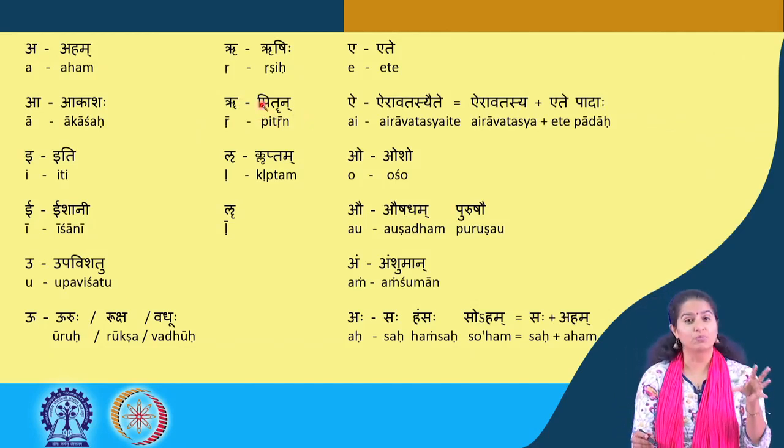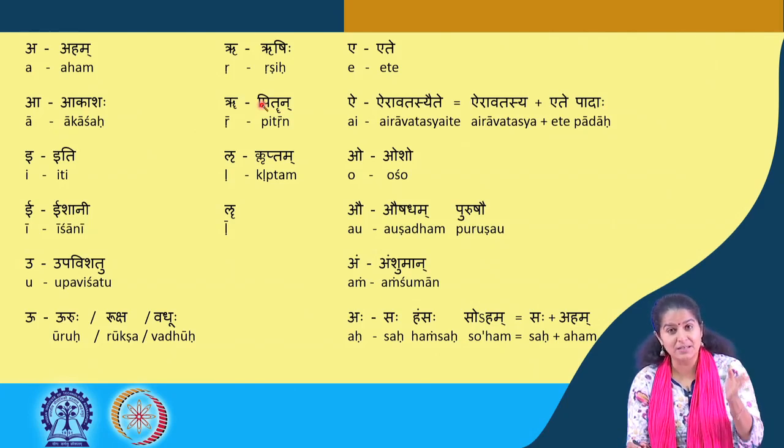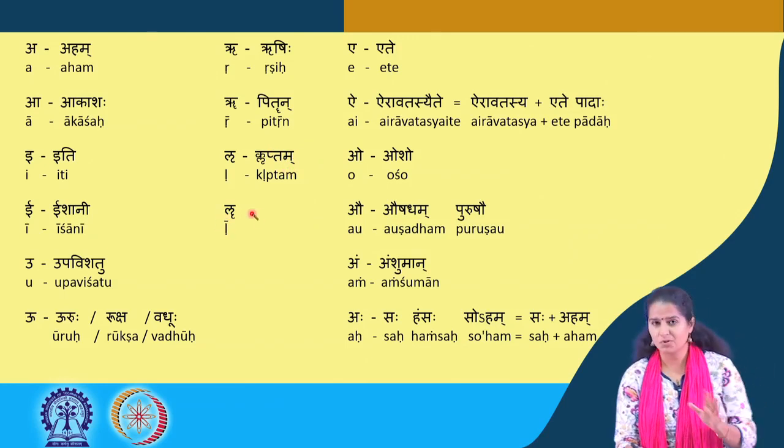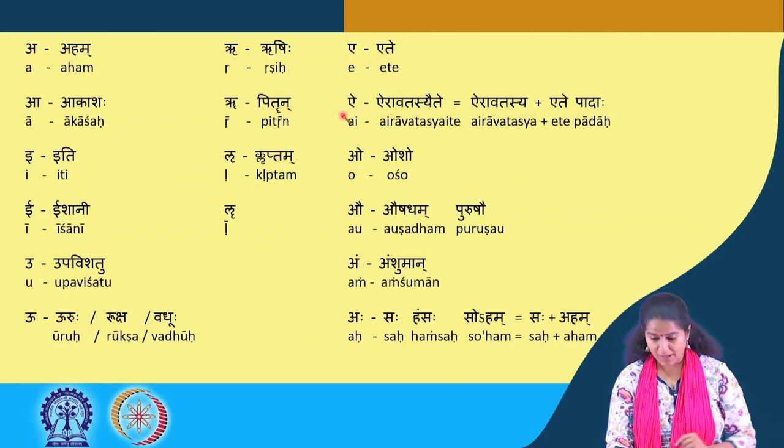We don't really have words starting independently with the R or the L, but we have it in combination with the K. So, we have Kliptam, which is also to mean to create. Then we have A for Ete, like we have seen before.